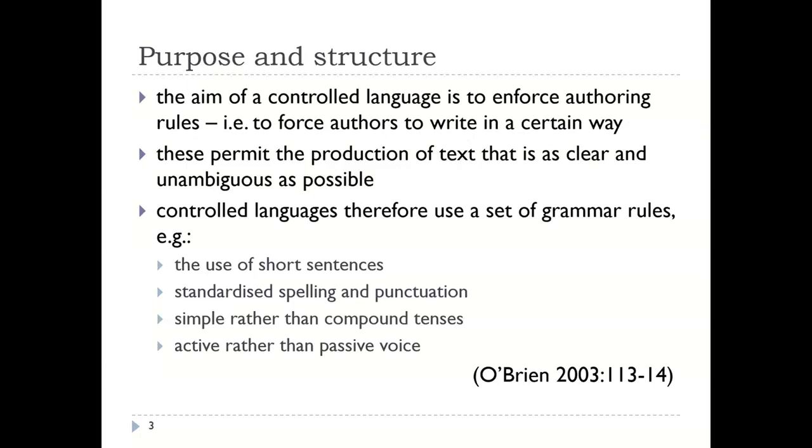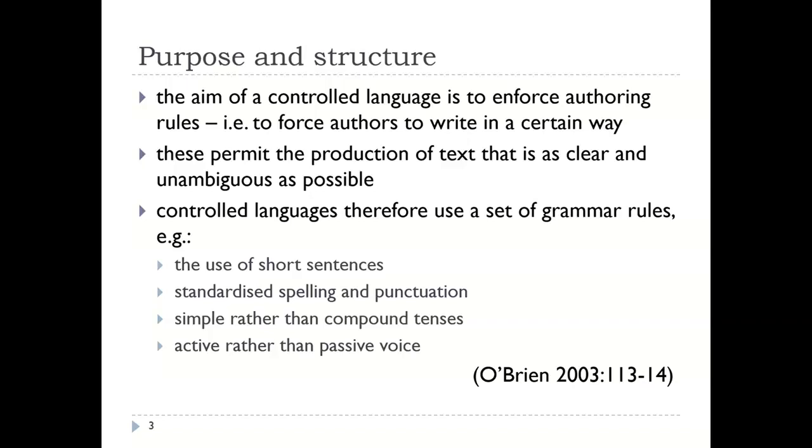So, use of a controlled language will enforce authoring rules. In other words, will oblige authors to write their texts conforming to a particular set of rules. And the purpose is to produce texts which are as clear and as unambiguous as possible.